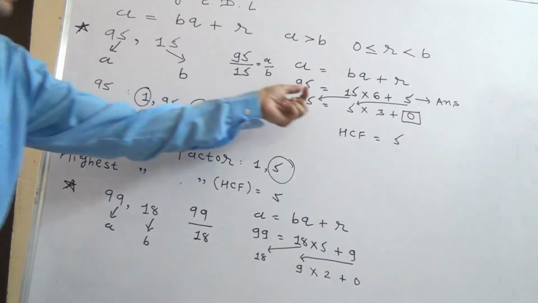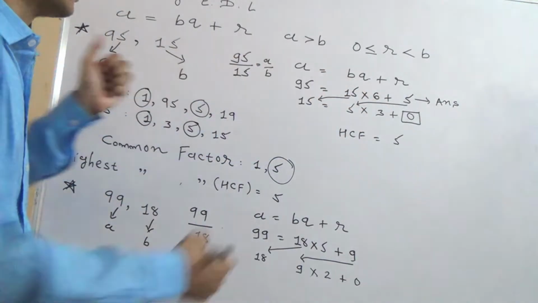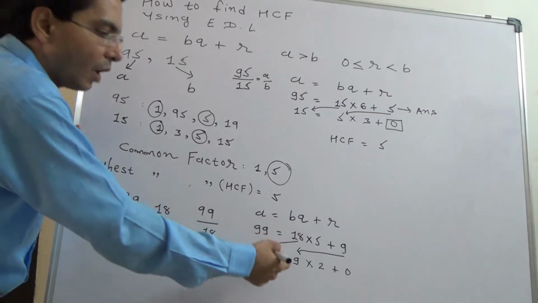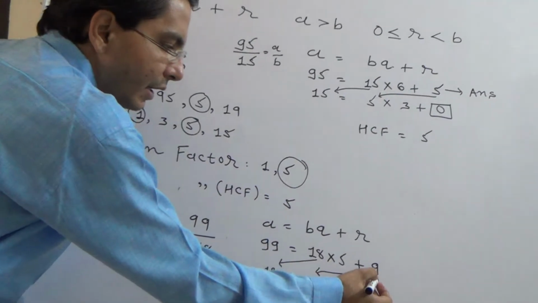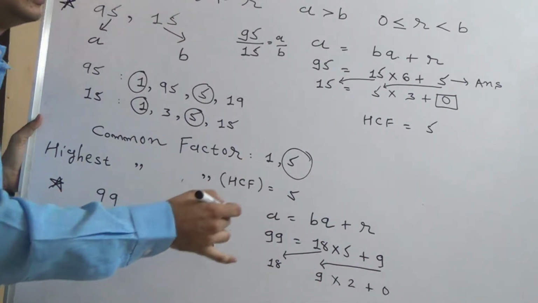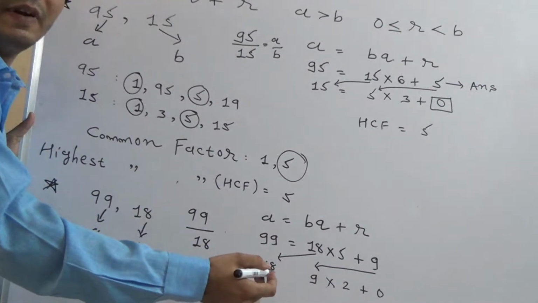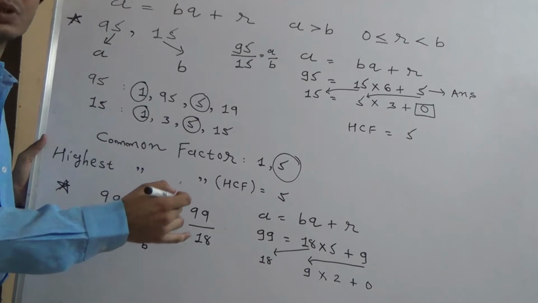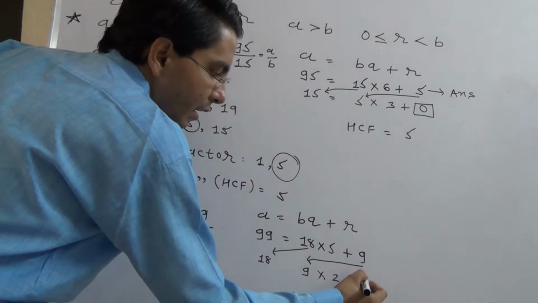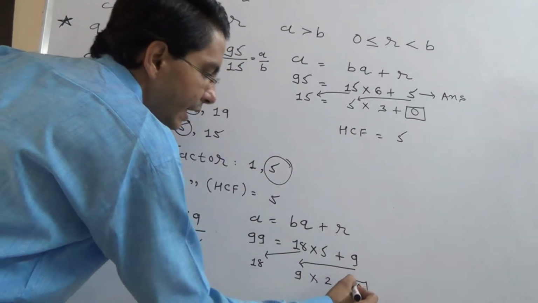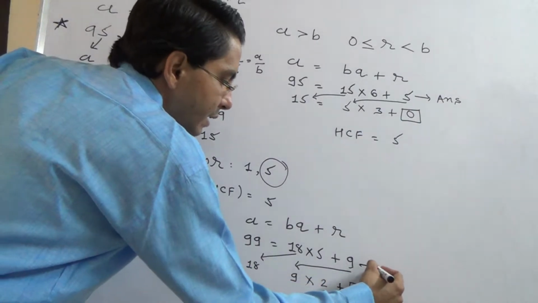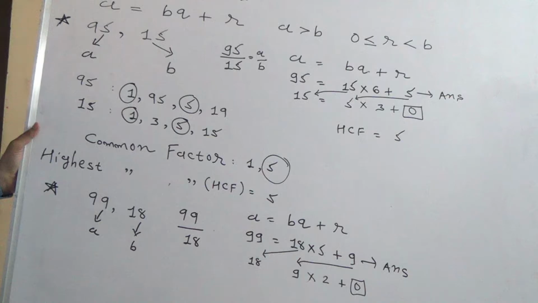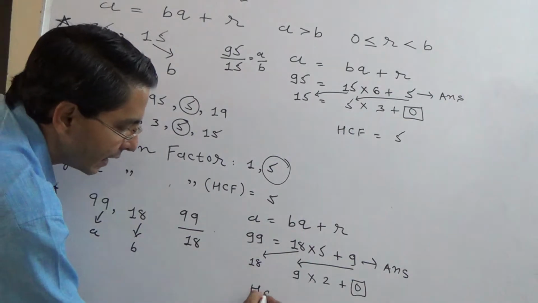We already discussed that the process continues till we get a 0, and once we get a 0, our process ends here. Here our remainder is 0, so our answer is 9. Our HCF is 9.